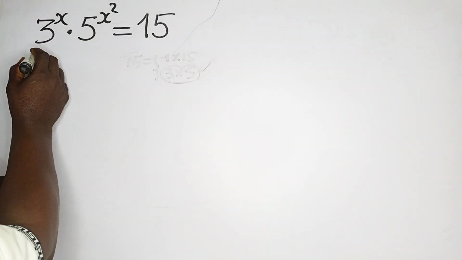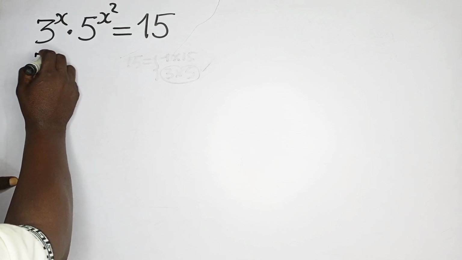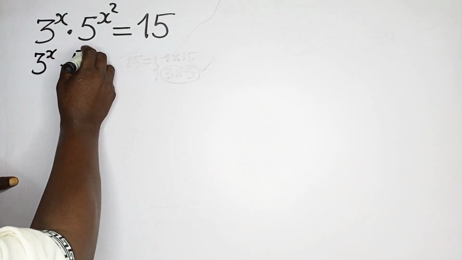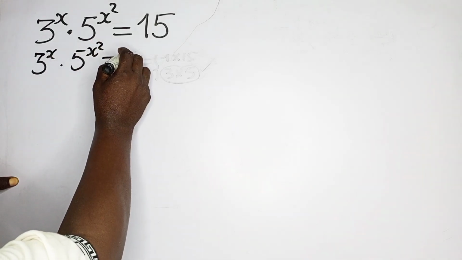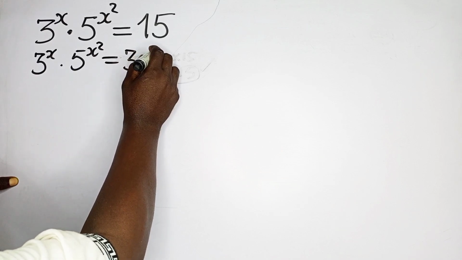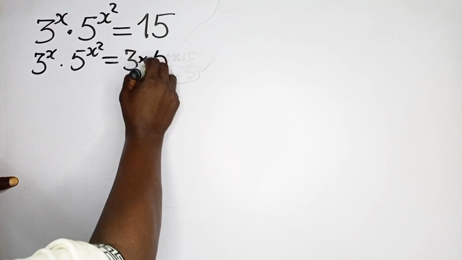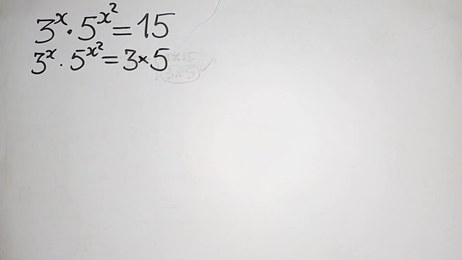So our expression now becomes 3 to the x multiplied by 5 to the x squared is equal to 3 times 5. Okay, now from here we divide both sides by 5.